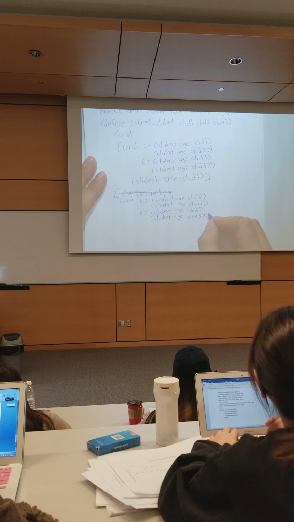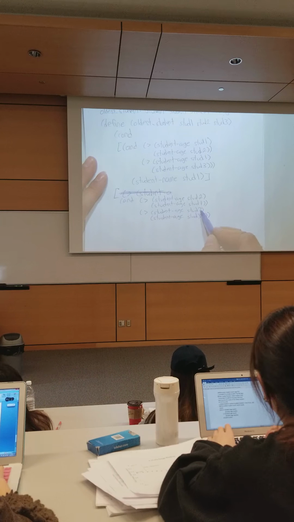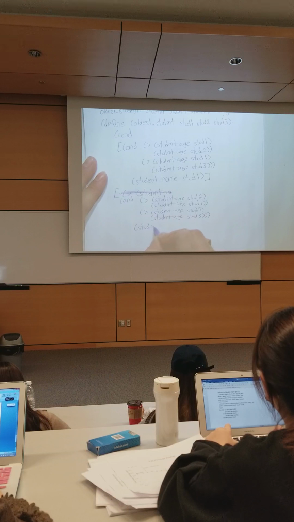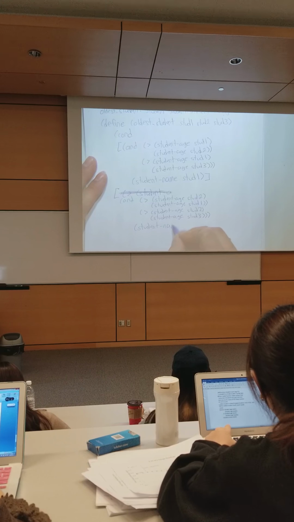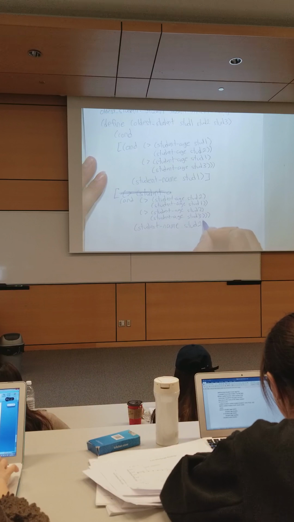Okay? So if the age of student 2 is bigger than the age of student 1 and the age of student 2 is bigger than the age of student 3, then return student-name of student 2. Okay?